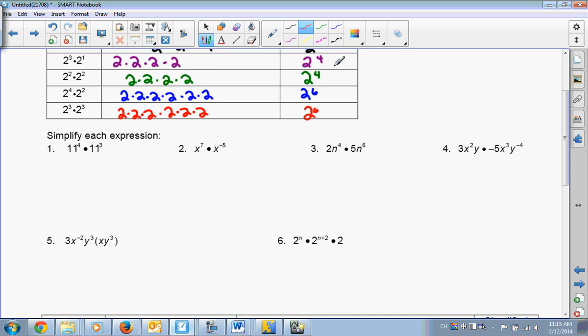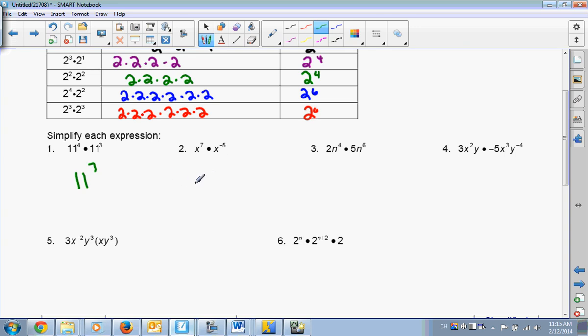So what do we do with that? Keep it the same. And then what do we do with the exponents? So 11 to the 7th power. Okay, and I could actually simplify that more because 11 to the 7th is a really giant number, right? But we're not going to do that. We're just going to stop there.